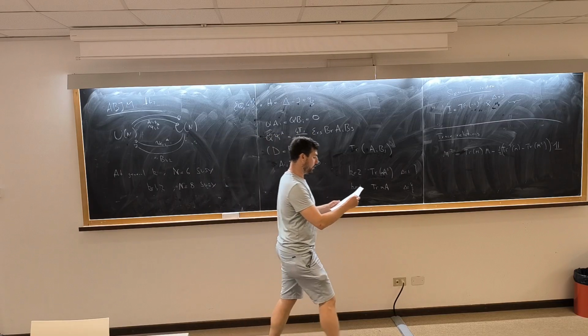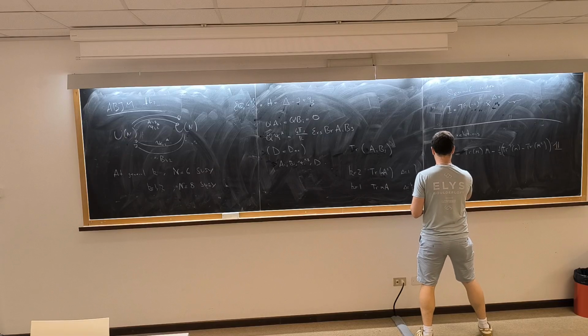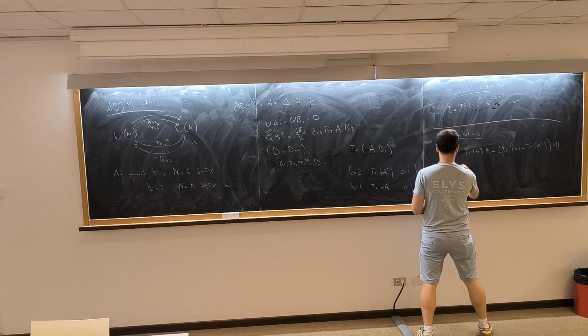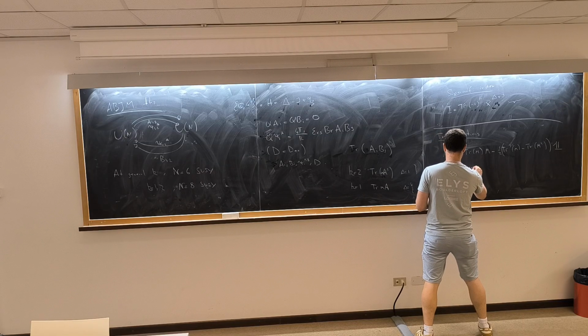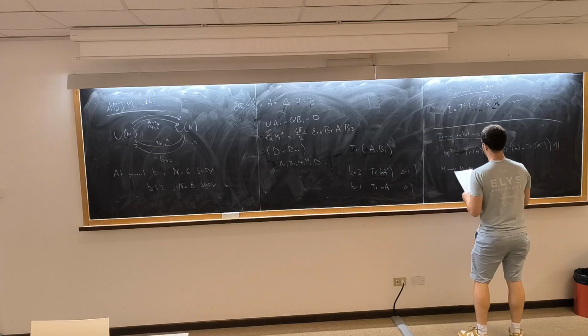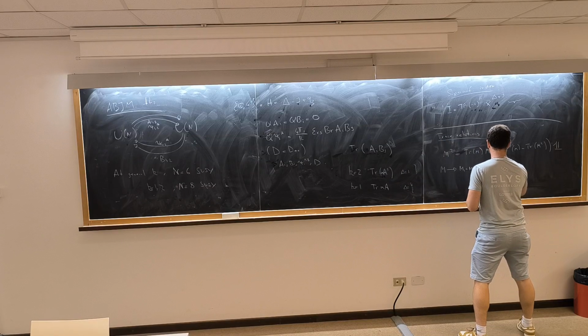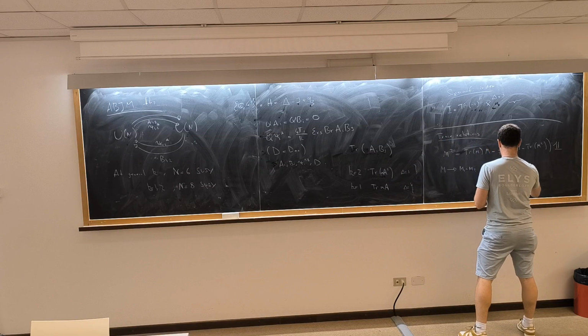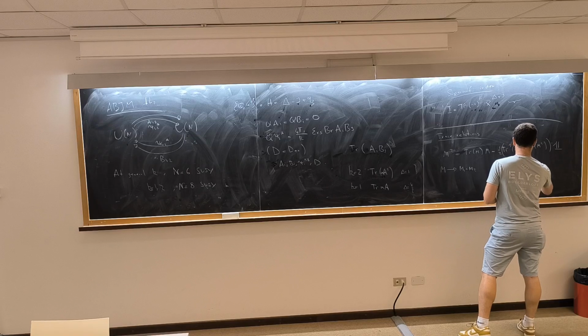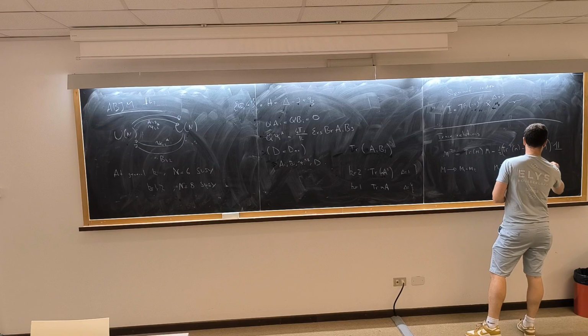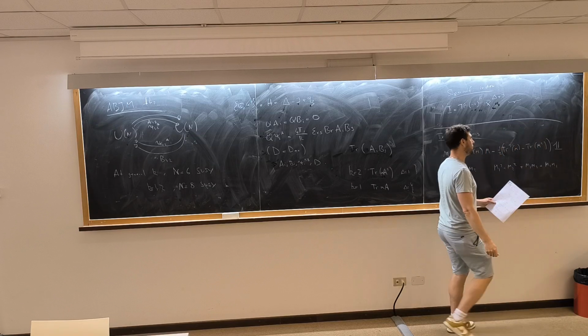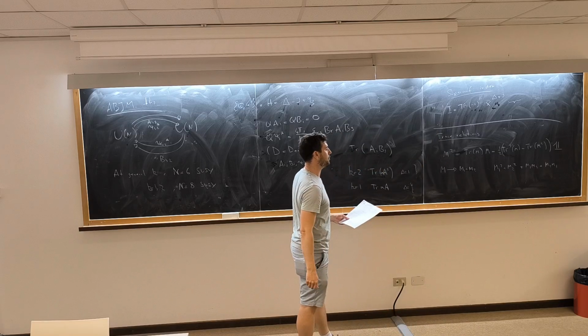And why is that useful? It's useful because if you replace M by M1 plus M2, then when you look at M squared, you have M1 squared plus M2 squared plus M1 M2 plus M2 M1, the anti-commutator of M1 and M2.